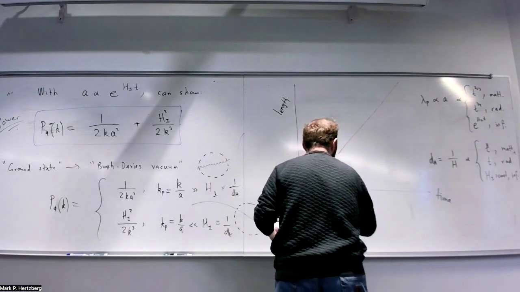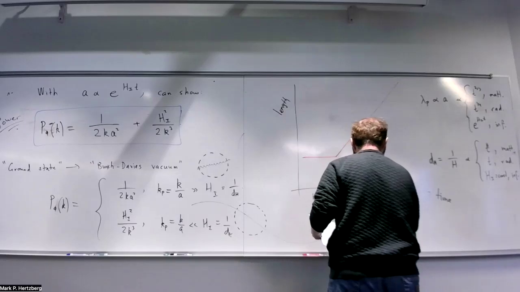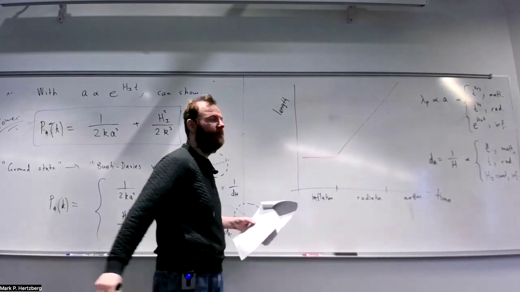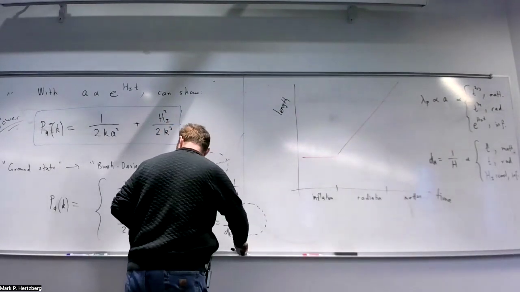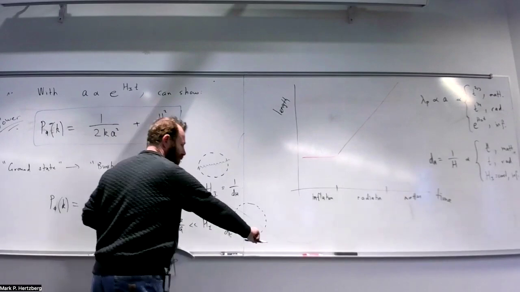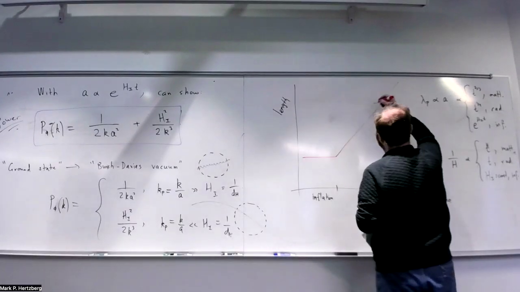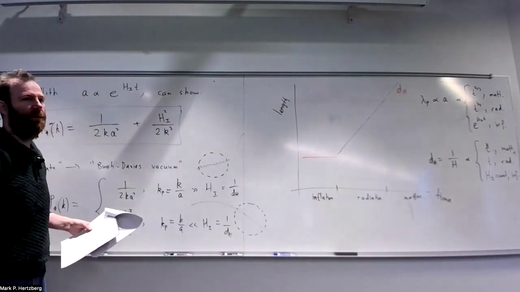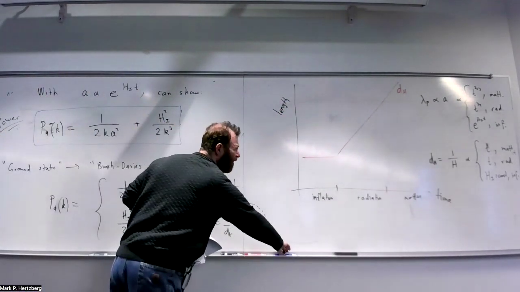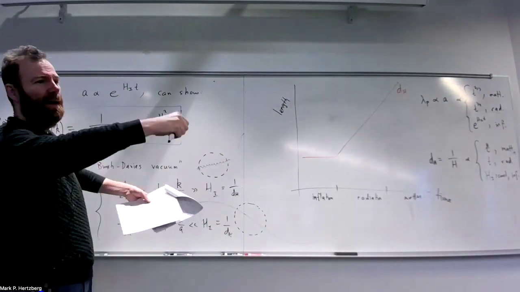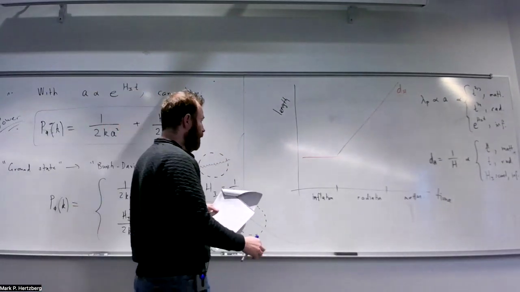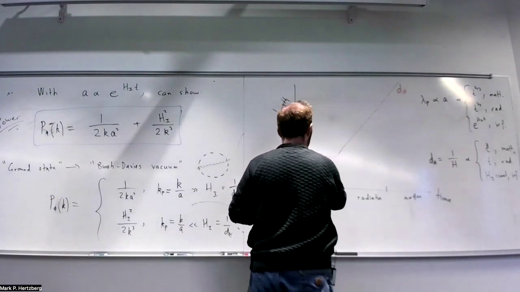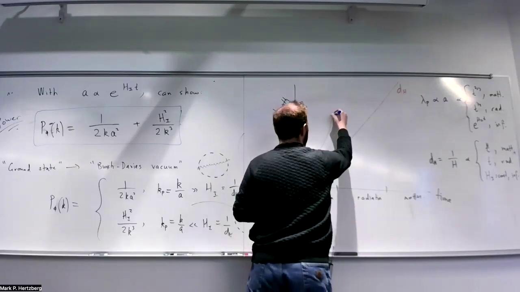Inflation, radiation, matter. On the other hand, I'm trying to draw for you the Hubble length, which has this evolution. Whilst if I plot a particular wavelength, how it stretches in time, you see in this era at first it grows exponentially, so it's going to go somehow like this.